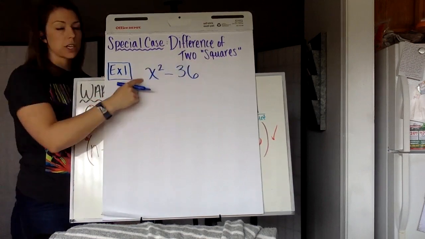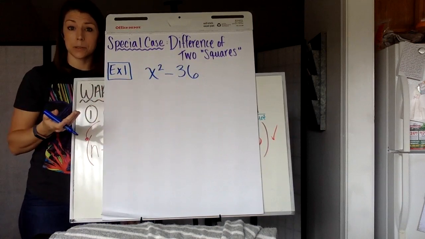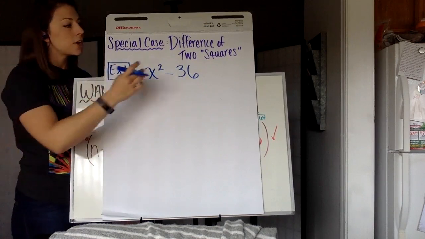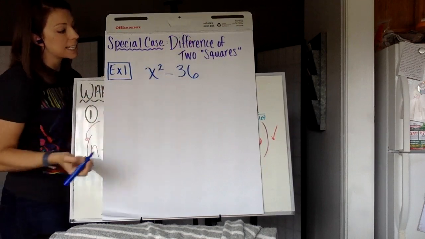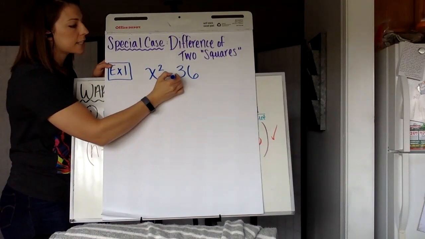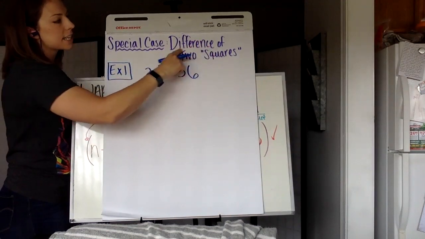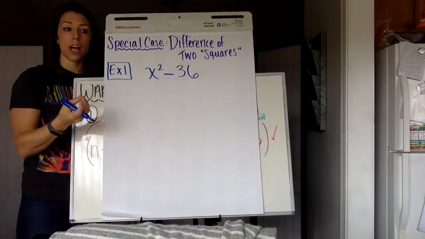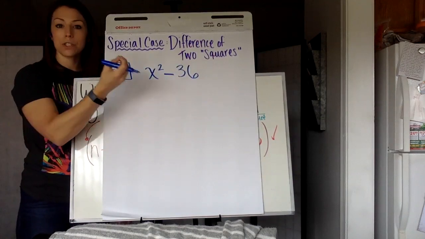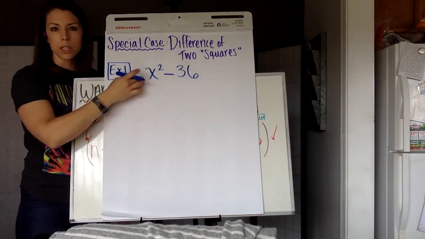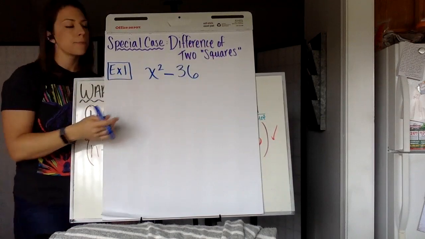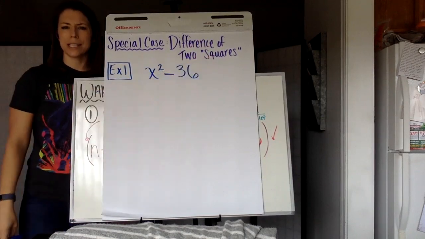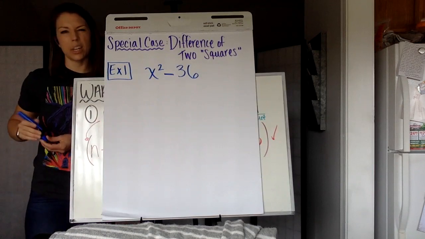Does this expression contain subtraction? Meaning, is this expression a difference? Yes, it is. So first of all, we can realize that it is a difference because you are subtracting. Now, the next thing it tells us is the number of terms, a difference of two terms. Is this a difference with two terms? Yes, it is. Now, what do you think that squares thing means?